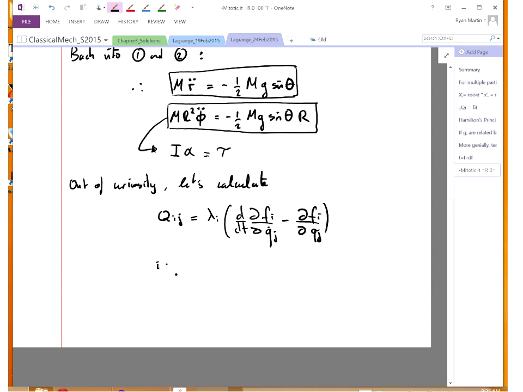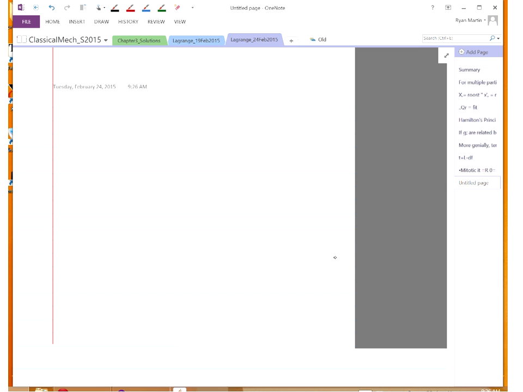So in this case, there's only one i, there's only one lambda, there's only one constraint f, and then j could be equal to either r or phi. All right, so that means we need to find out what Q 1 r is and Q 1 phi is. So there's two of these possible capital Q's.